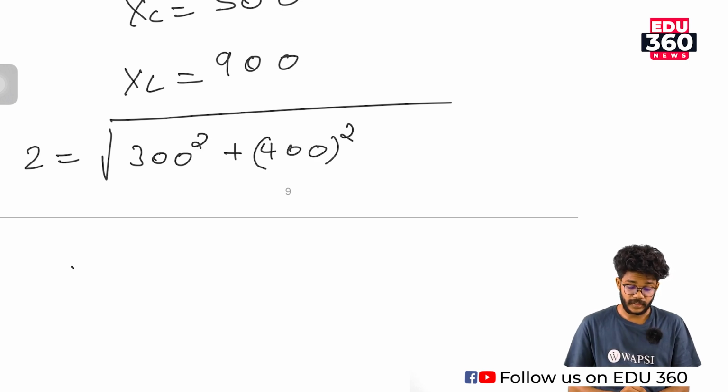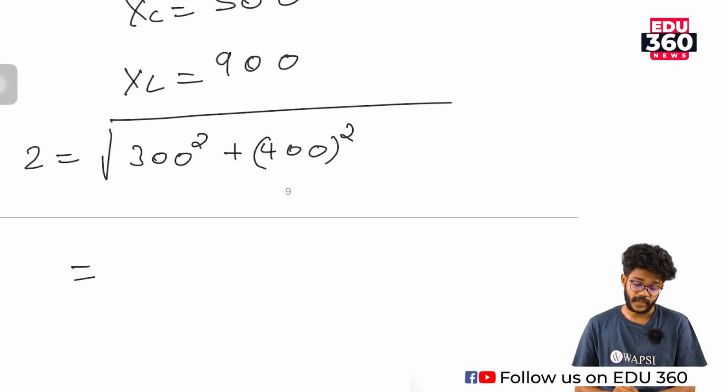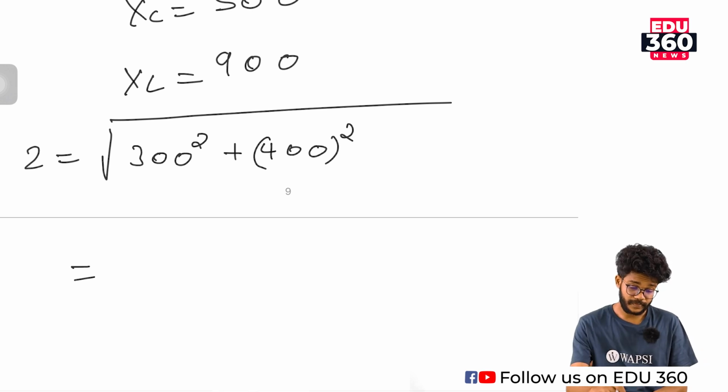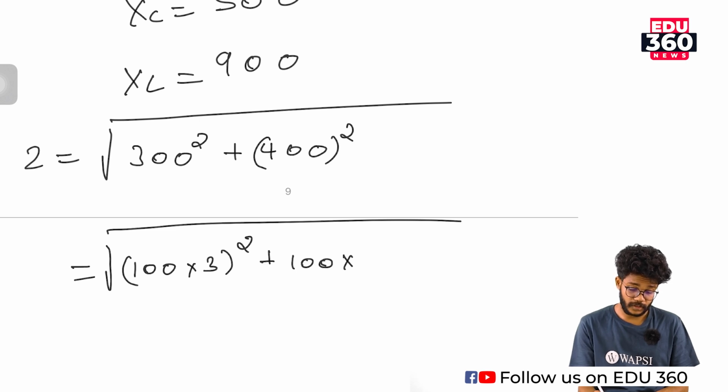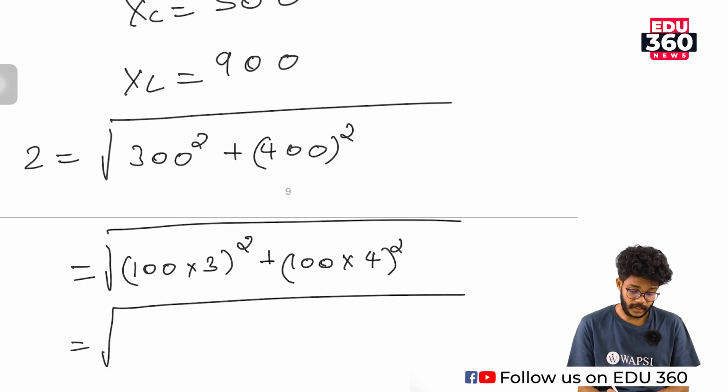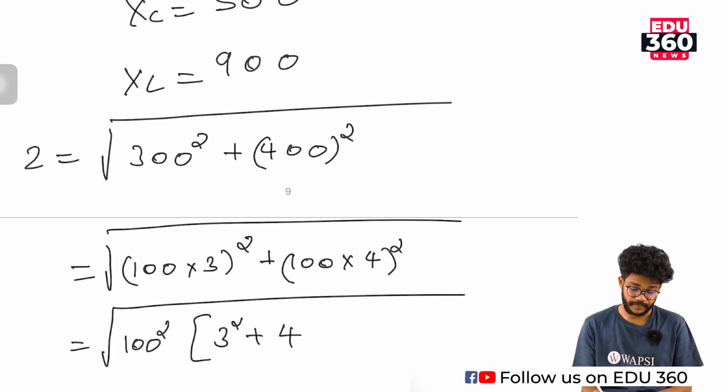We can take 100 common here: 100 into 3 square plus 100 into 4 square, which is equal to root of 100 square into 3 square plus 4 square.